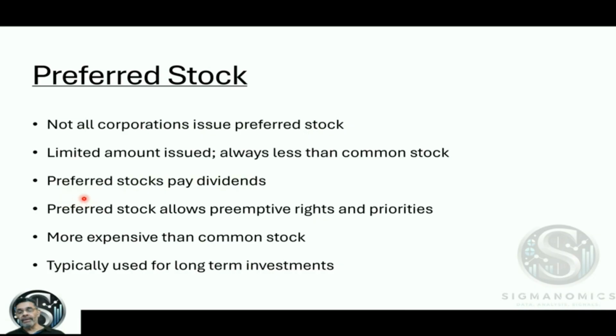Preferred stocks also allow holders preemptive rights and priorities. For example, if a corporation liquidates, preferred stock shareholders get priorities in terms of payments. Of course, preferred stocks are more expensive than common stocks because they're sold at a premium. And they are typically used for long-term investments as opposed to short-term day trading.